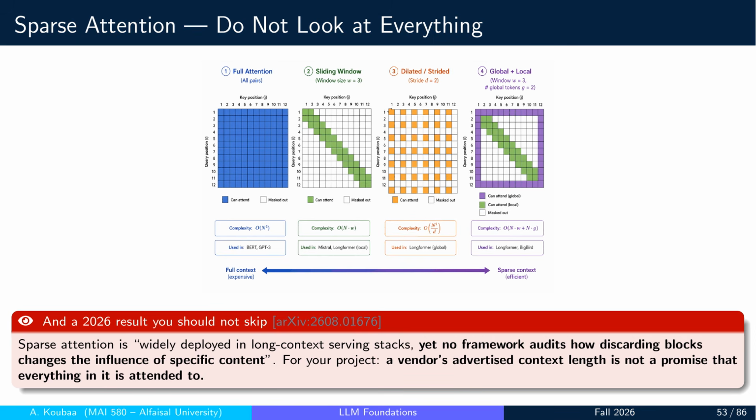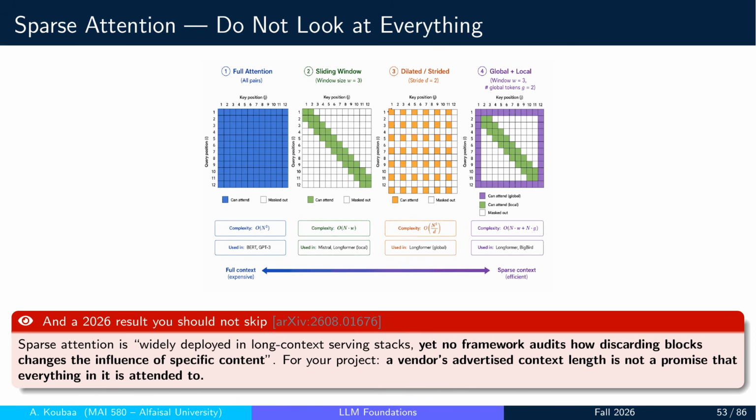Now, read the 2026 result at the bottom, because you should not skip it. Sparse attention is widely deployed in long context serving stacks. Yet no framework audits how discarding blocks changes the influence of specific content. Read that again. Deployed widely, and its effect on specific content is not audited.